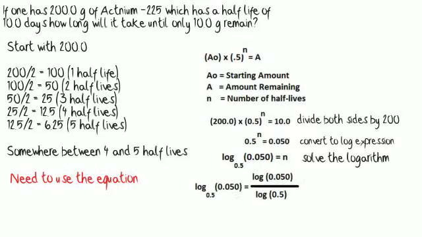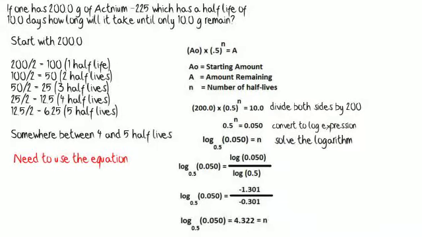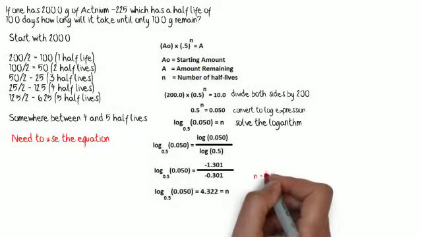So now we have to go through the process of solving the logarithm. Well, log of 0.05 to the 0.5 base is equal to the log of 0.05 over the log of 0.5, which is equal to negative 1.301 over negative 0.301, and those are both negative, which is equal to 4.32, which equals n.